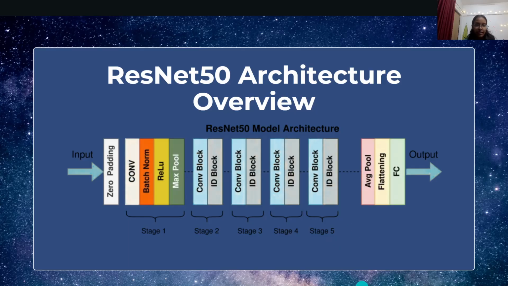This is the flow diagram of our architecture overview: input layer, then convolutional max pooling, then a residual block, and then the fully connected layer, and the softmax output here we will get.